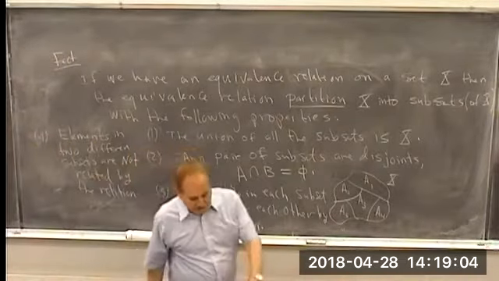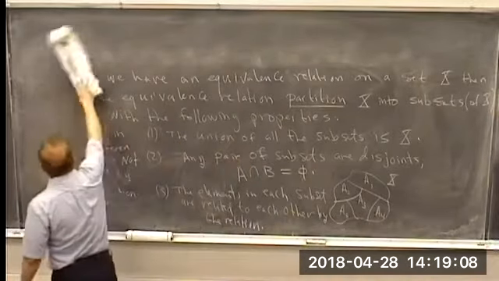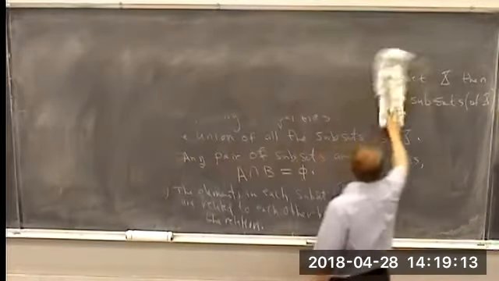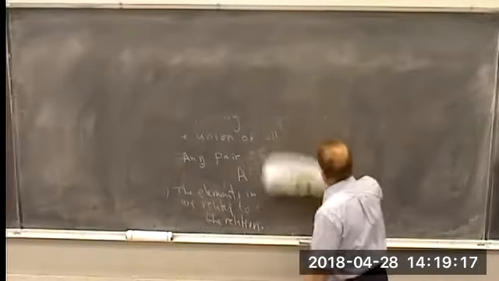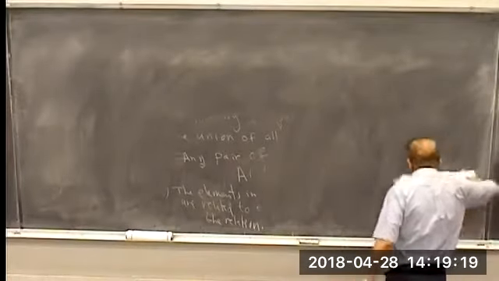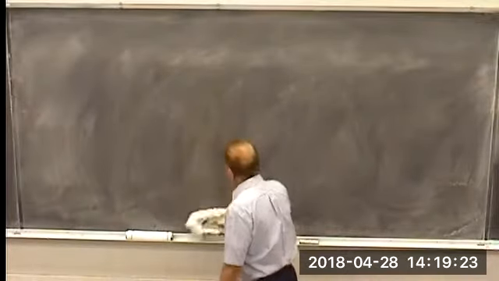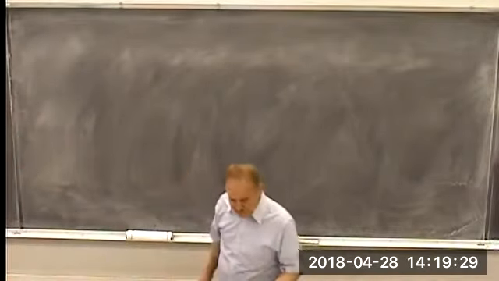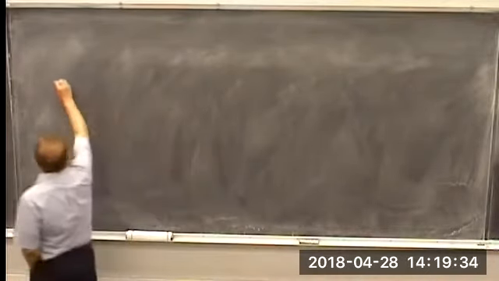So I want to define what it means to say that two integers are congruent to each other mod M using this language, basically. Here's a definition that we'll need.